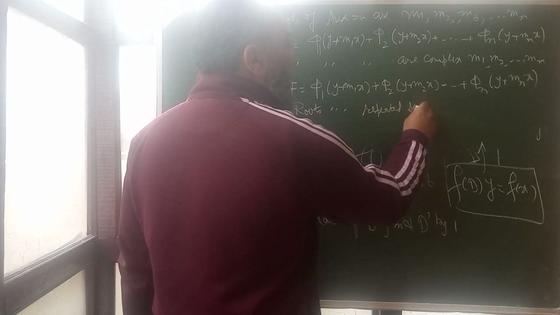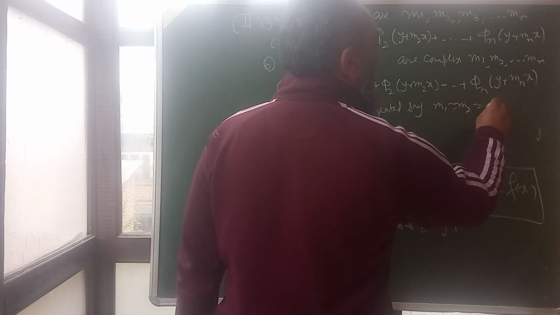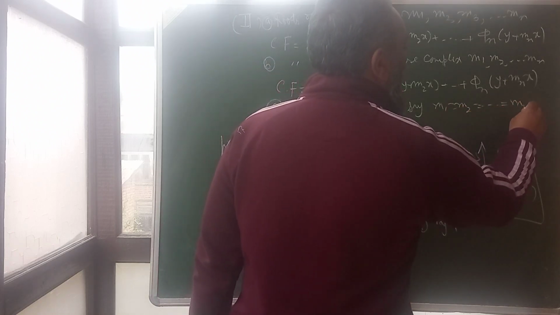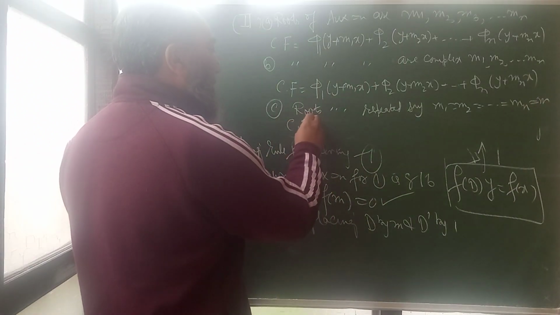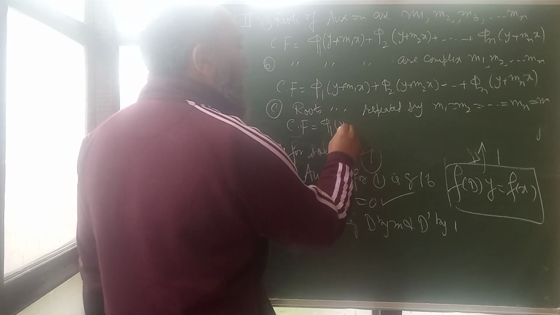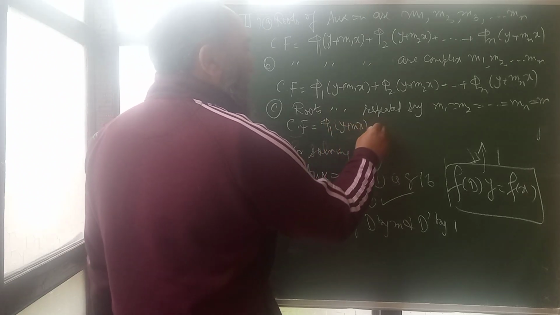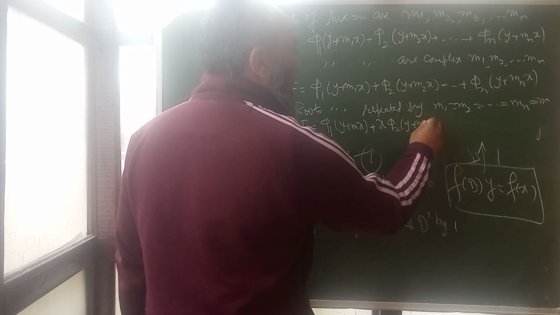And C is that roots are repeated. Say m1, m2, mn all are equal to m. Then the complementary function is what? A function of y plus mx plus x times a function of y plus mx.